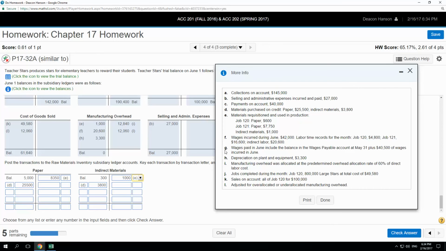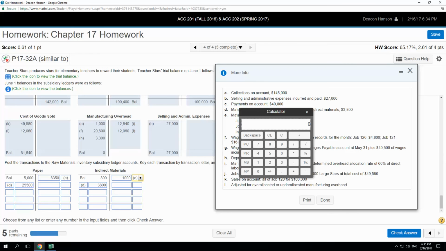So I'm going to take a balance and get the balance in those subsidiary accounts.